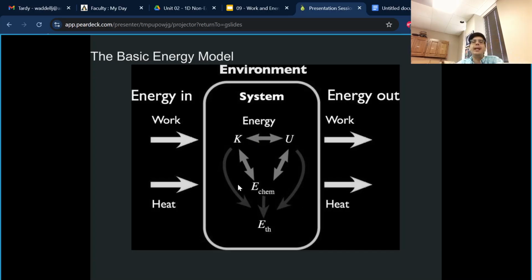But it's coming in because the environment's hotter than your system, or it could be going out if your system is hotter than the environment. So thermal energy is the current temperature of things inside your system already. Heat is trying to change the temperature because there's something hotter or something colder around you.